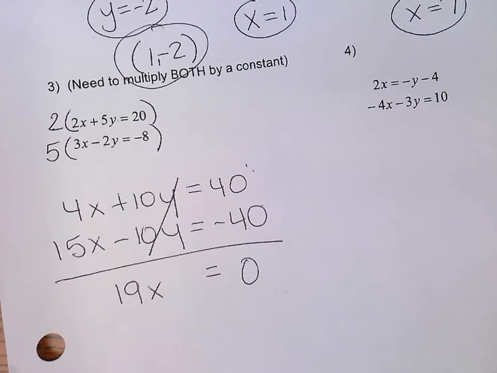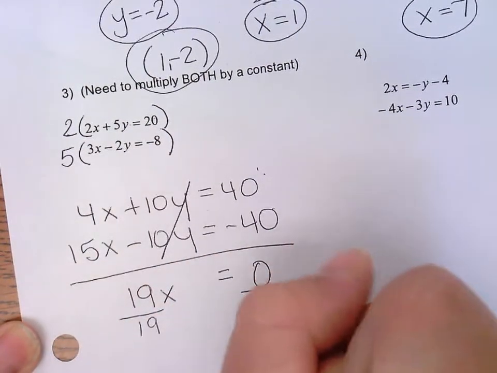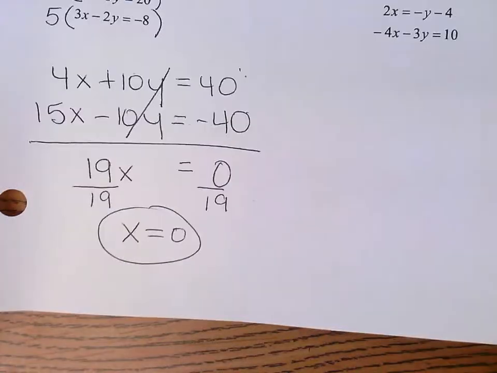If 19x is 0, when I divide by 19 on both sides, x has to be 0. x is allowed to be 0, right?